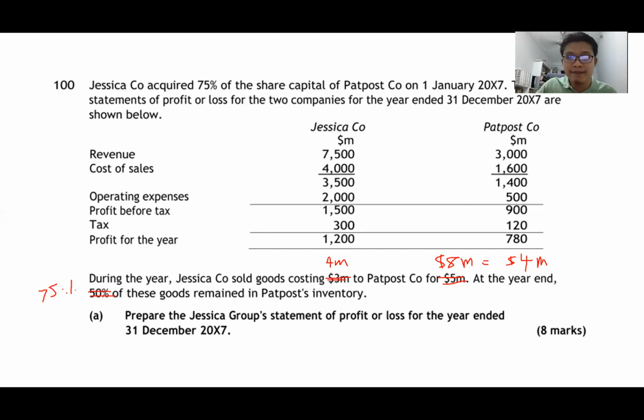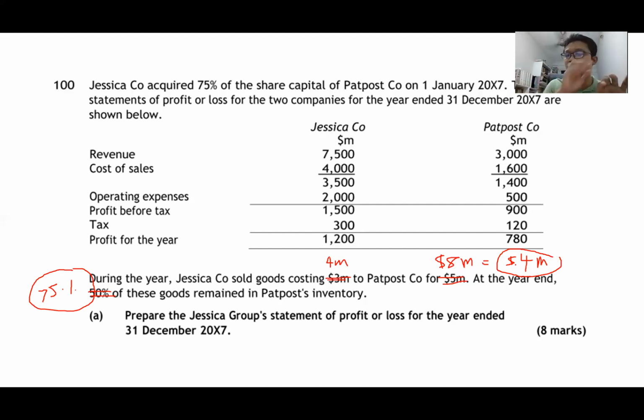So 75%. The profit is 4 million, okay? Out of this total profit, 75% has not been sold. That means 75% has not been realized. So how much is the figure of the profit that has not been realized? Use calculator. 4 million multiplied by 0.75, that's 3. How did I get 3 million? 4 million total profit.